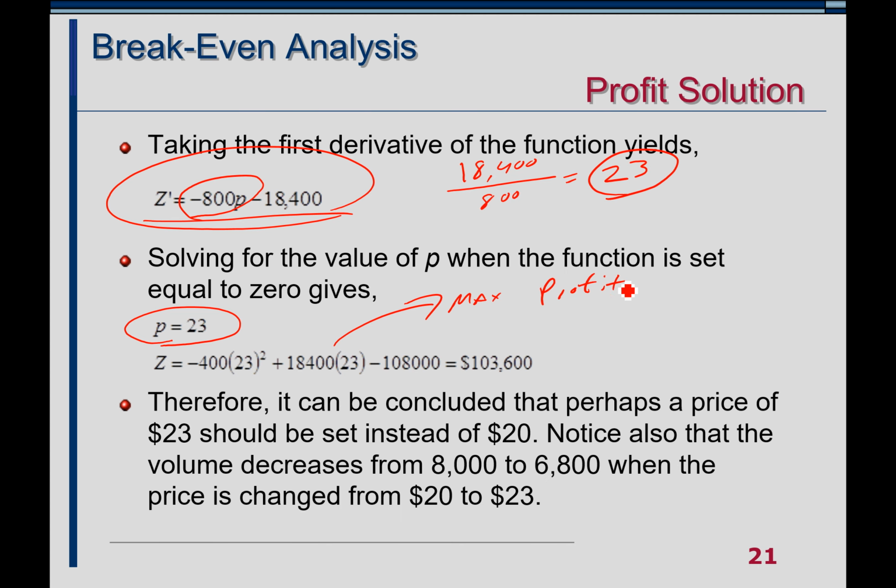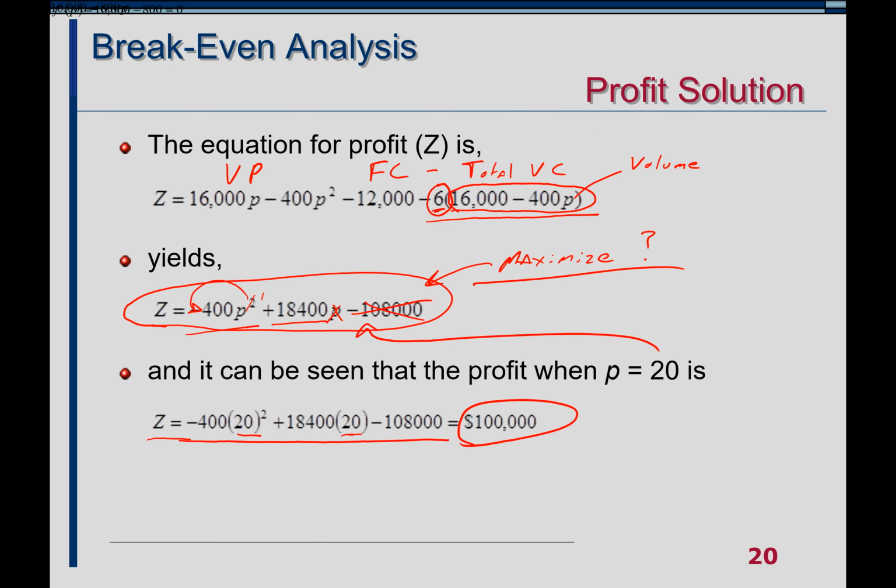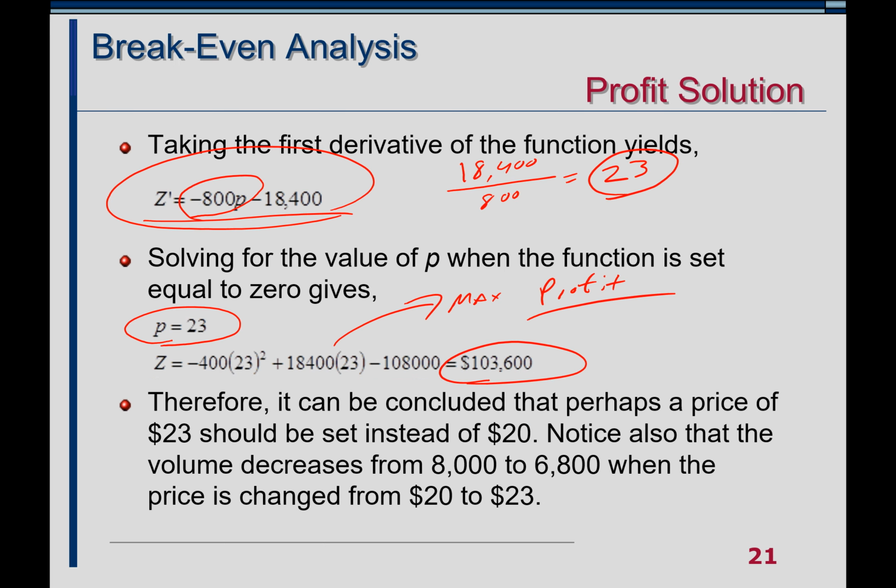Okay, so this is our profit at 23, $1,306. This is our profit at 20. So therefore it can be concluded that perhaps a price of $23 should be set instead of $20.